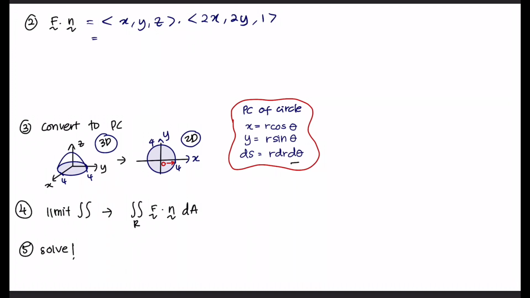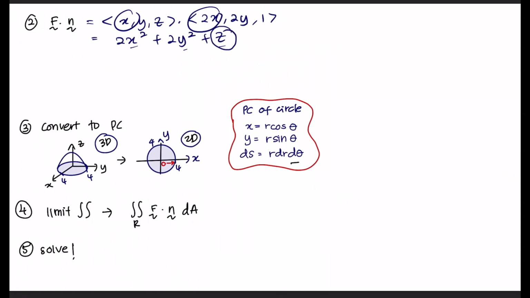Do the dot product, multiply, and we get 2x squared plus 2y squared plus z. For step number 2, you must check that the maximum number of variables is 2, but here we have x, y and z.